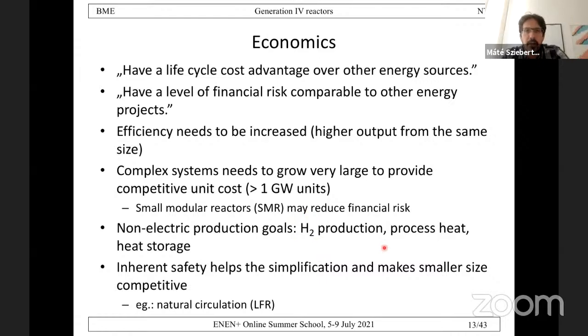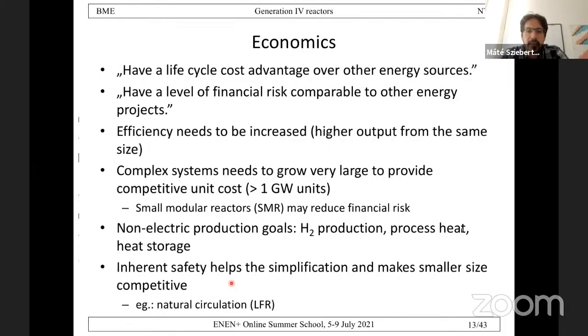Hydrogen economy can be a very important factor in the net zero goals in climate change, or process heat, to provide heat for industrial processes directly, or heat storage, which is a form of energy storage and very important in integration of intermittent renewable sources into the electricity grid together with nuclear. Those can also help the competitiveness of nuclear production.